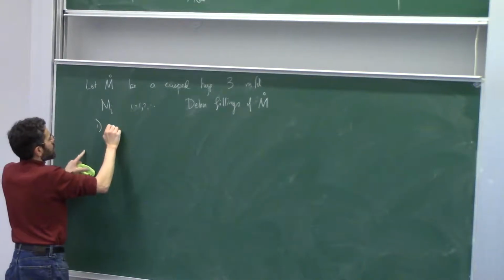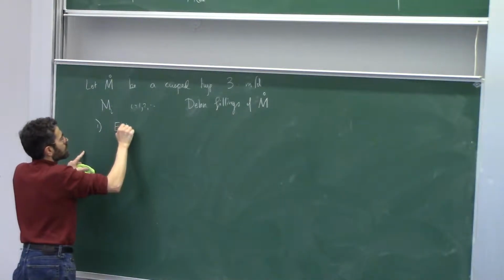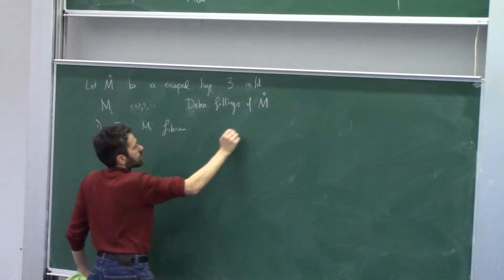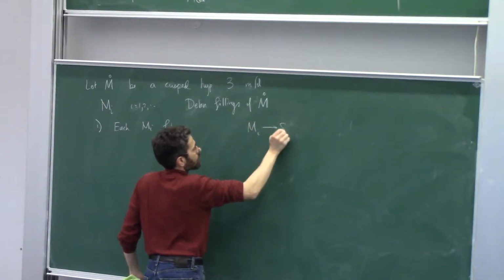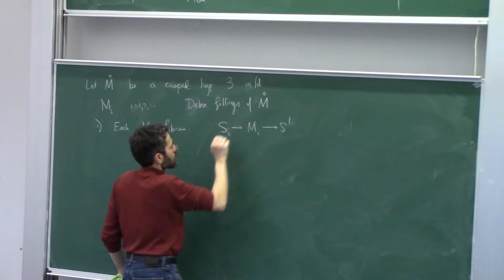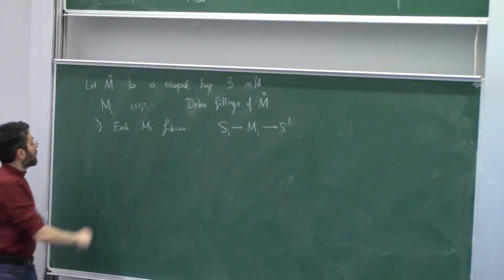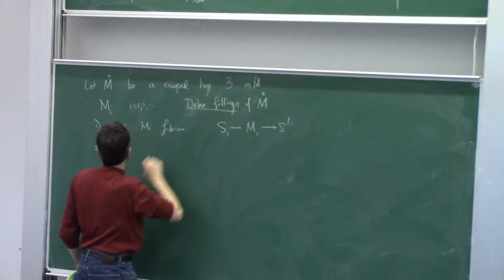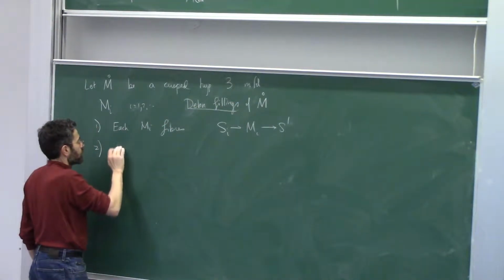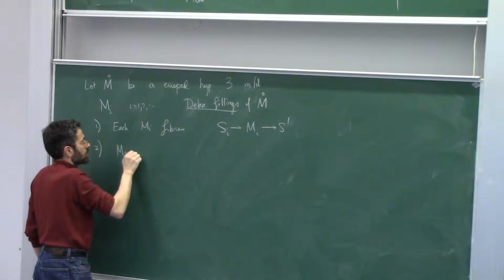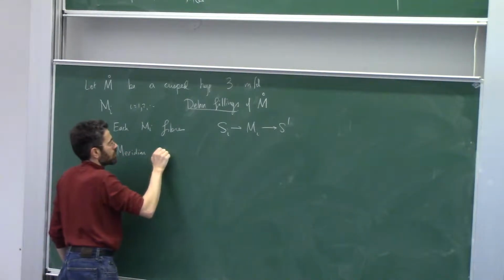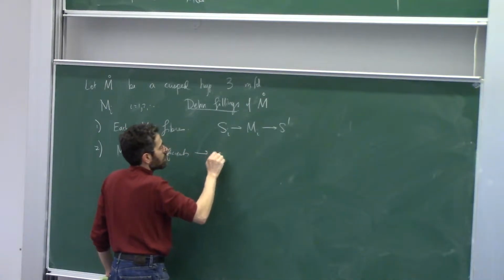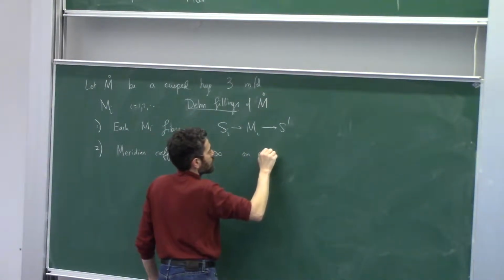One is each M_i fibers over the circle with fiber S_i. And two, the meridian coefficients go to infinity on every cusp.